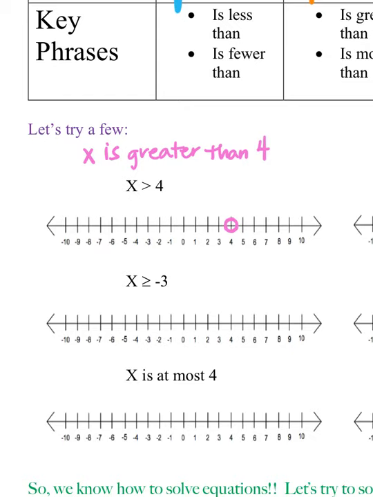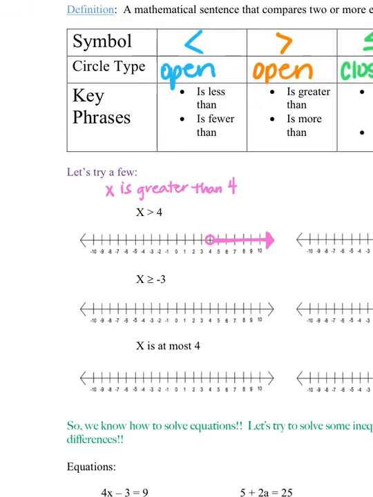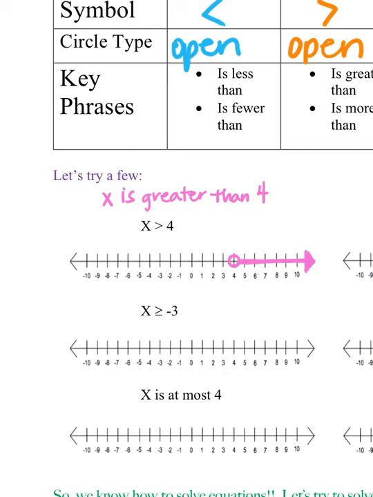And this says that any number X is greater than 4, so my arrow on my line is going to go this way. Make sure you can really see it. It's nice on the iPads because you can color them and really see it. So this inequality shows that X is greater than 4.